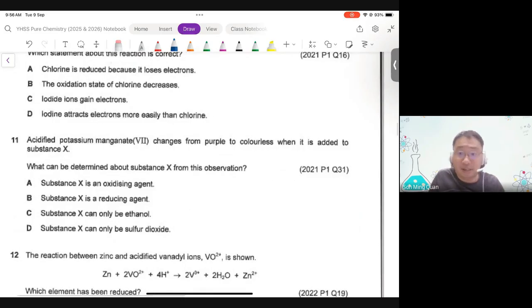Okay, I believe we just said question 11 is about acidified potassium manganate(VII) turning from purple to colorless.